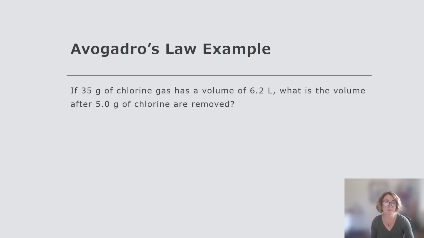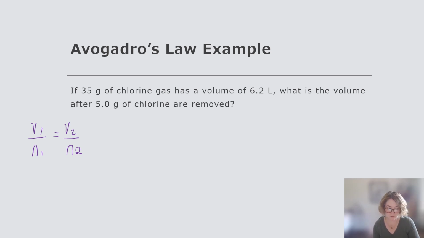All right, so in this example, I have 35 grams of chlorine gas, and that has a volume of 6.2 liters. And I want to know, what is the volume after 5 grams of chlorine is removed? I know I'm dealing with Avogadro's law, so let's write out that equation. V1 over N1 is equal to V2 over N2.